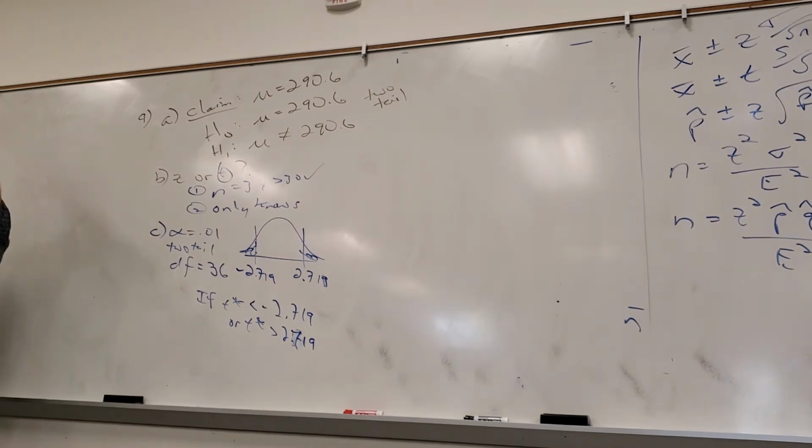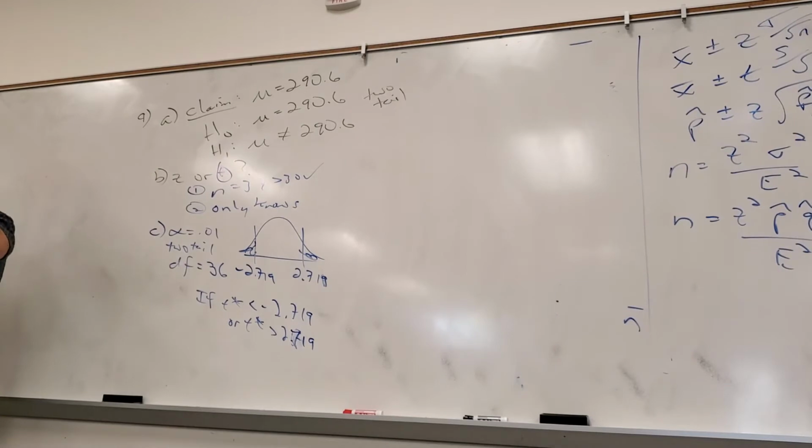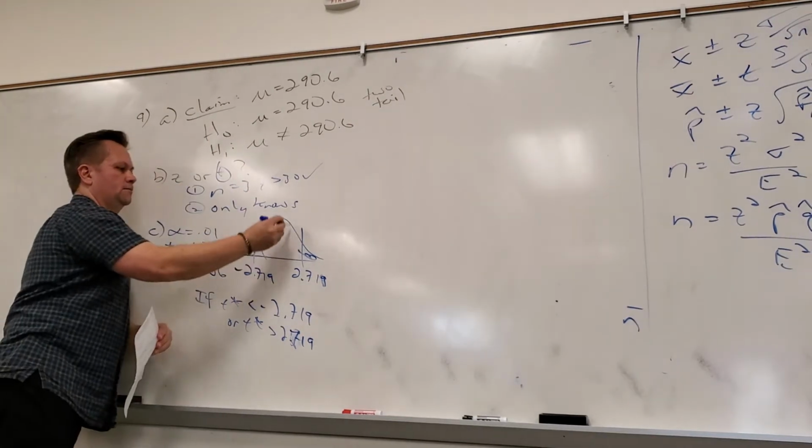All right, now real quick. I've given you several examples of how to interpret the conclusion, but you have to base it on what makes sense. This guy thinks the mean is in here.